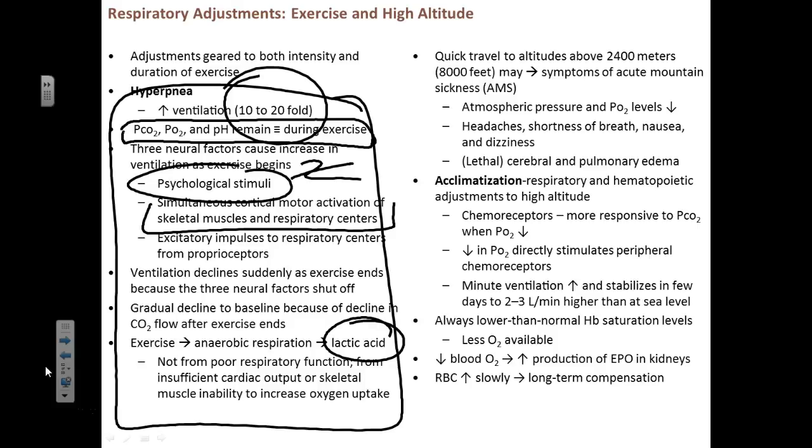It comes from the fact that skeletal muscles, first of all, when they squeeze, when they contract, they squish the blood vessels, so blood supply by itself decreases, becomes intermittent. Second, if the heart cannot pump enough blood to the muscles, it will switch to fermentation.